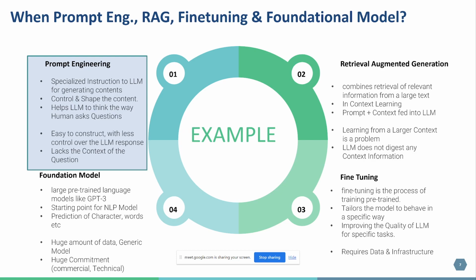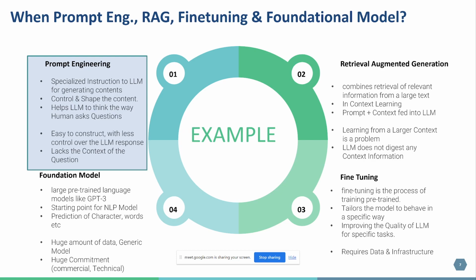Prompt engineering is a technique where we basically instruct our LLM to generate content based on some instructions, and it helps the LLM to think in a way we want the model to think.